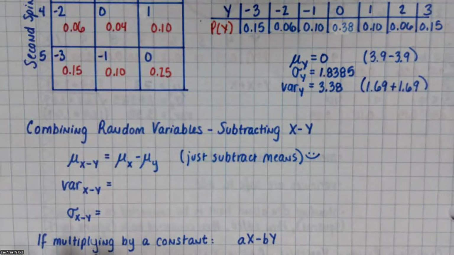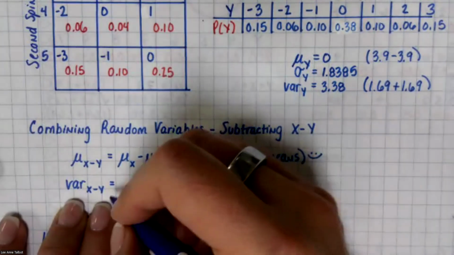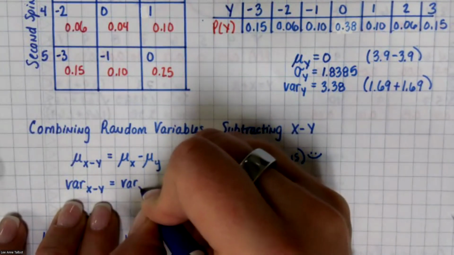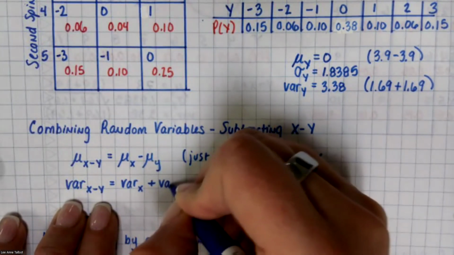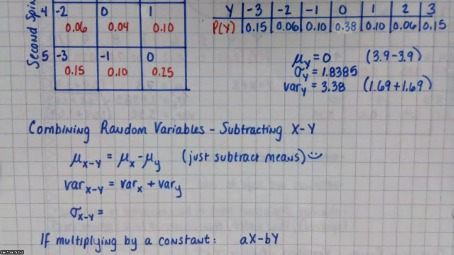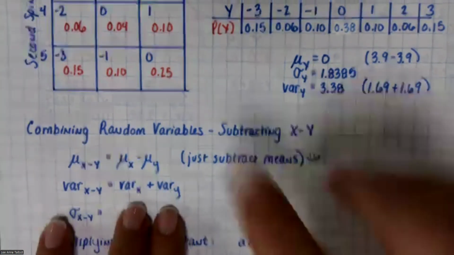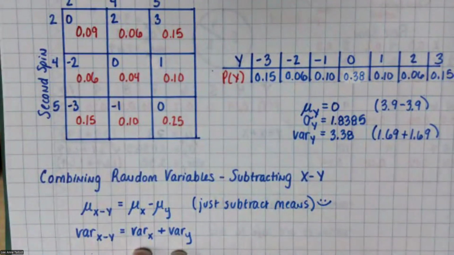Okay. So the variance of subtracting is still plus. Why? Because it doesn't give you fewer options. You still have the same amount of options as when you added.